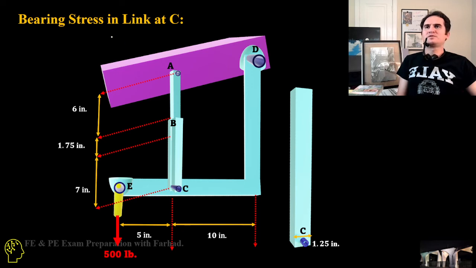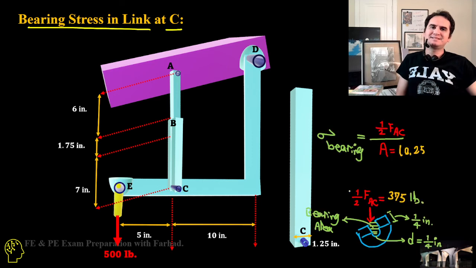If you want to know the bearing stress in the link at C, we apply half of the force, because that's again a part of that. Half of FAC is 375 over the area, which is the thickness times the diameter.